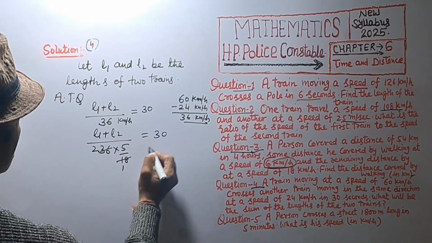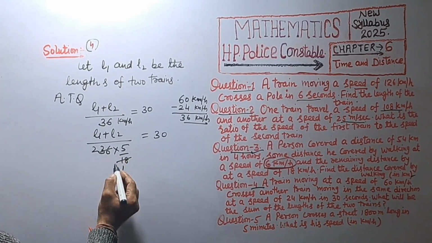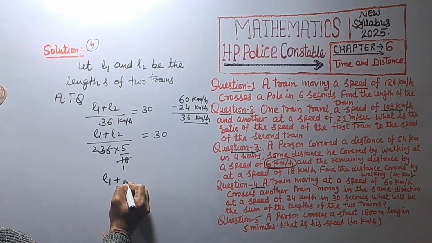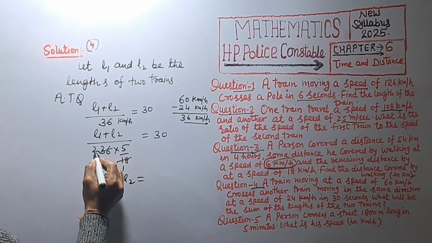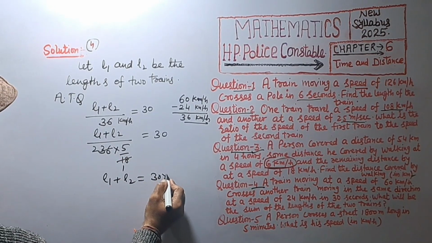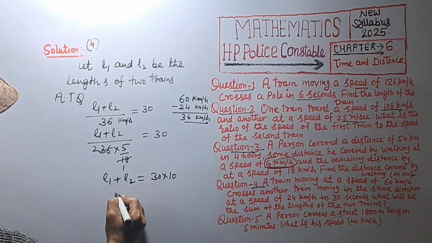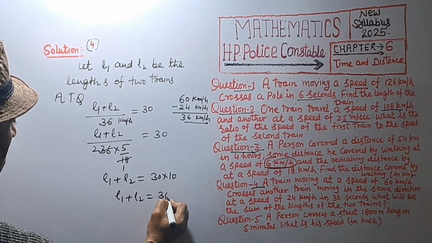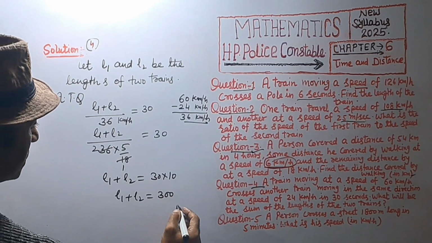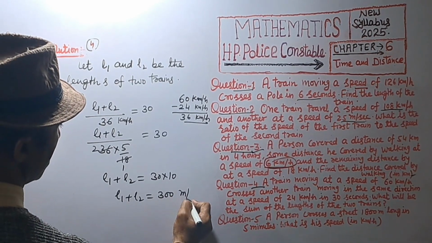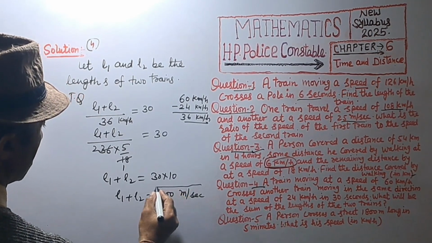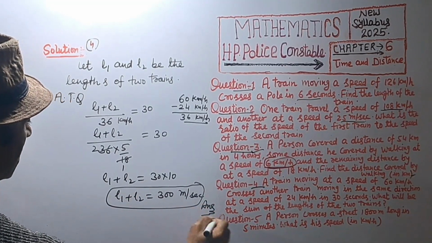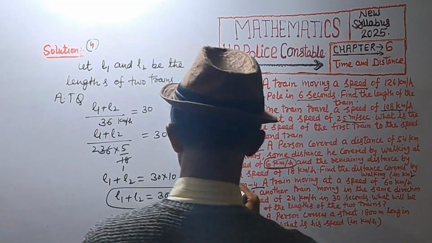Equal to 30. 5 twos are 10 seconds. So L1 plus L2 is equal to 10 multiplied by 30, and L1 plus L2 is equal to 300 meter. Answer.